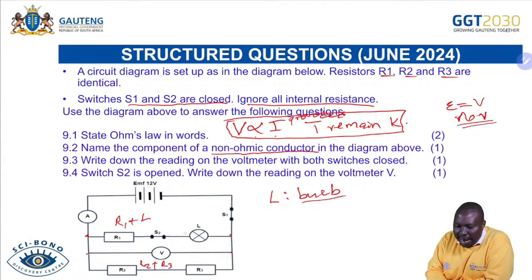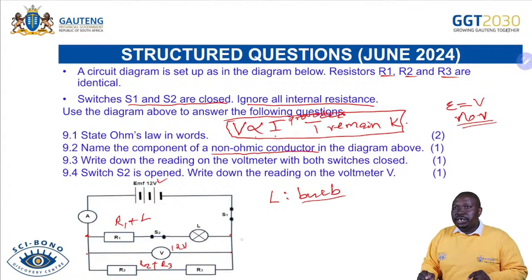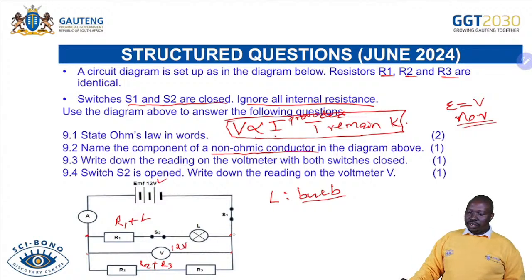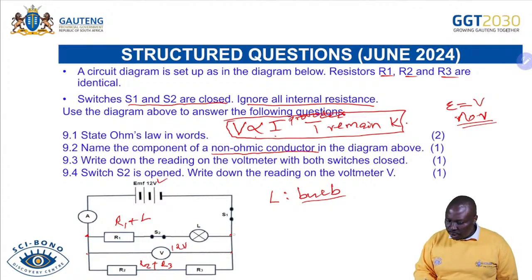These two are in series, and R2 and R3 are in series, but the two branches are in parallel with one another, which means that if it's 12 volts here, it will read 12 volts here, because it's 12 volts for that whole combination, read from the same point. So the EMF is 12 volts, a potential difference of 12 volts. That was the voltmeter reading.